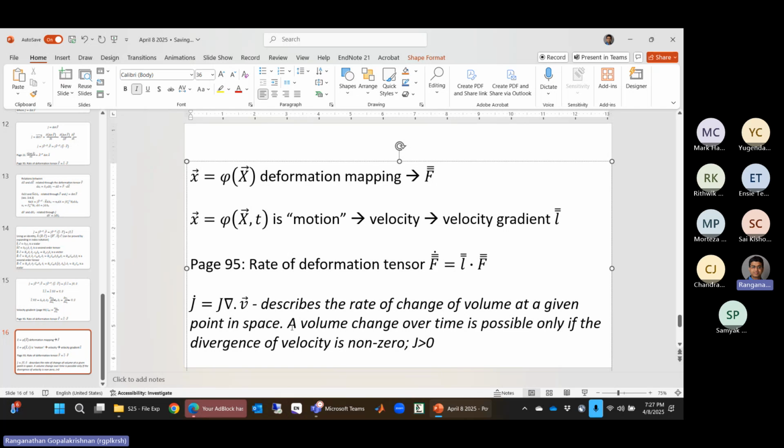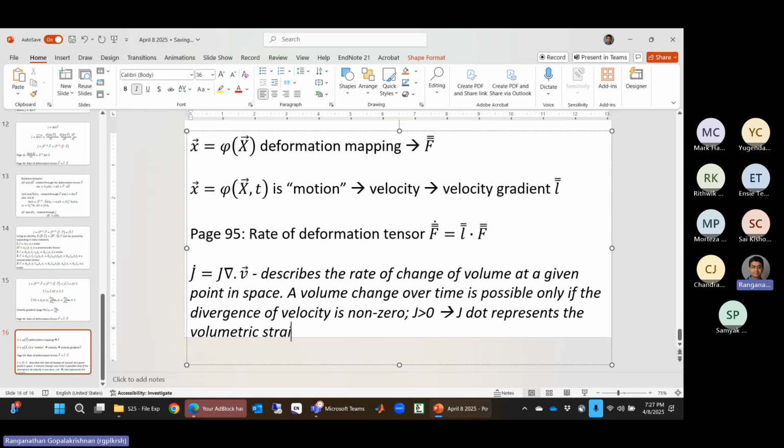It has to be either unchanging, or increasing, or it can be less than 1, but it cannot be less than 0. J dot represents the volumetric strain rate.